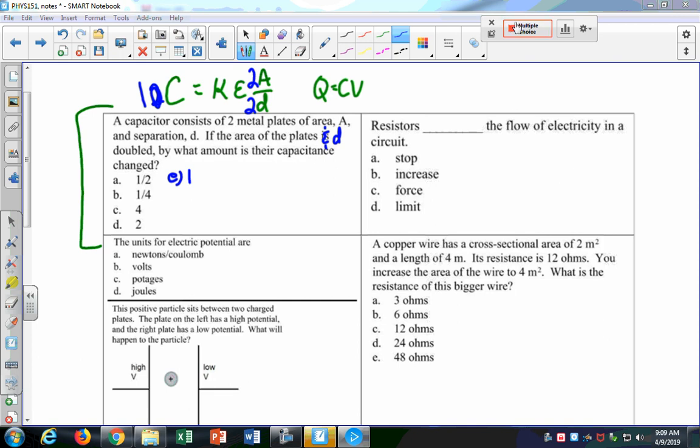Well, let's do this one about resistors. What do they do to the flow of electricity in a circuit?